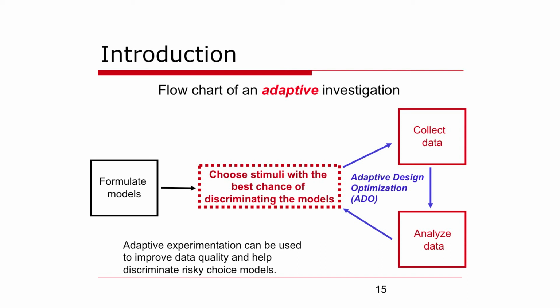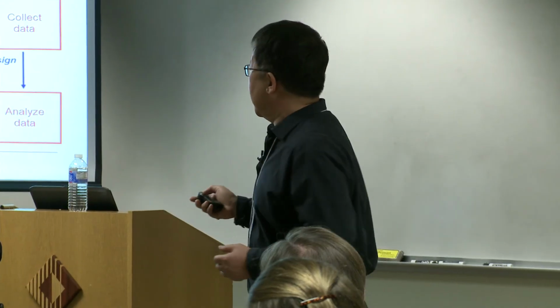What I'm going to propose is called adaptive design optimization, ADO. The idea is that instead of the traditional one-shot serial approach of formulating models, collecting data, and analyzing it, it's going to be a cycle. On each trial, we pick stimulus values that have the best chance of discriminating the models of interest.